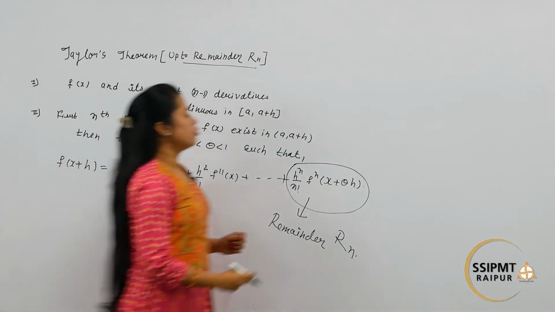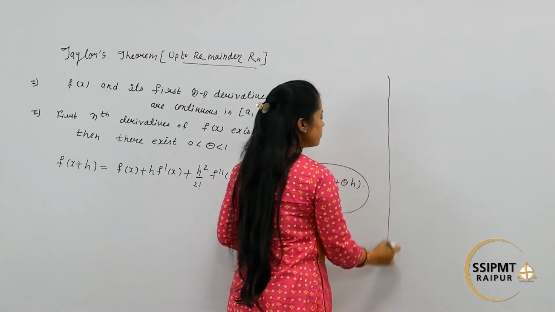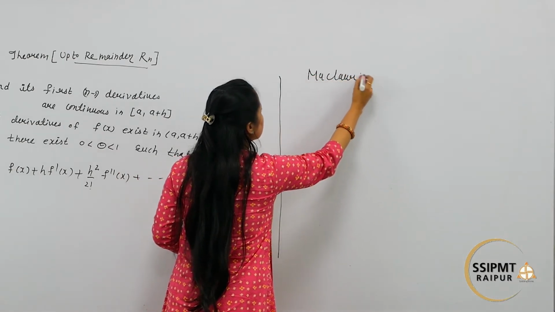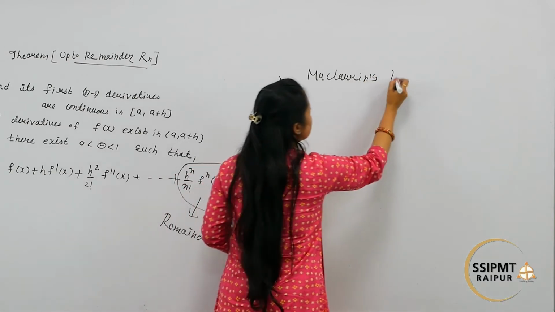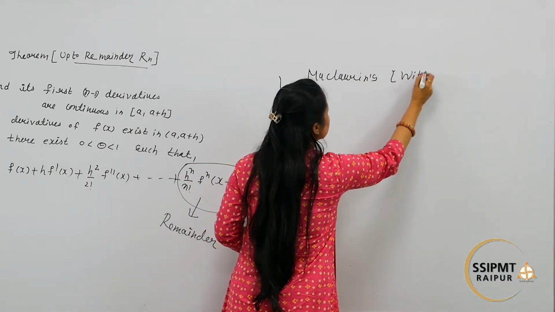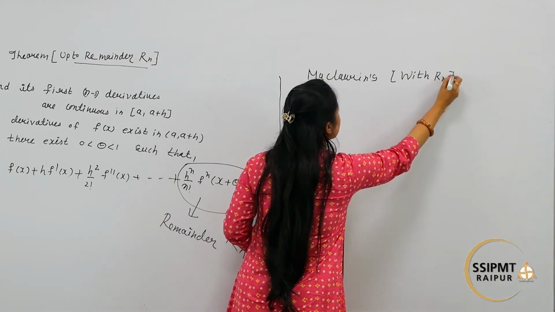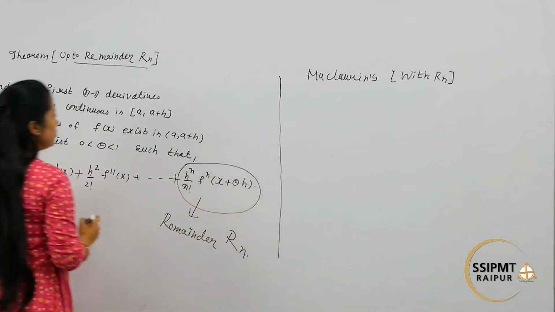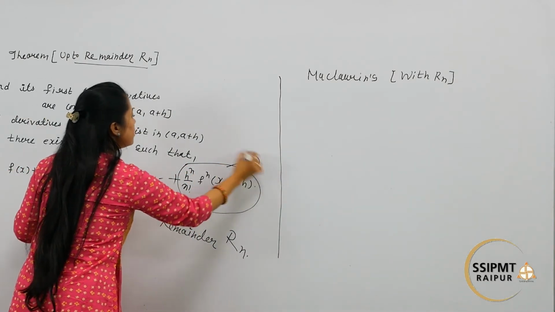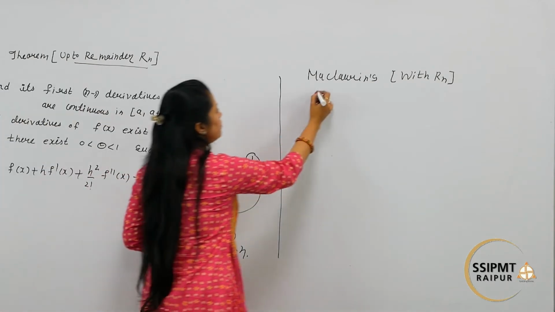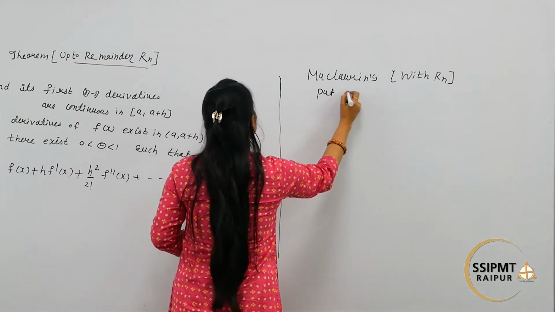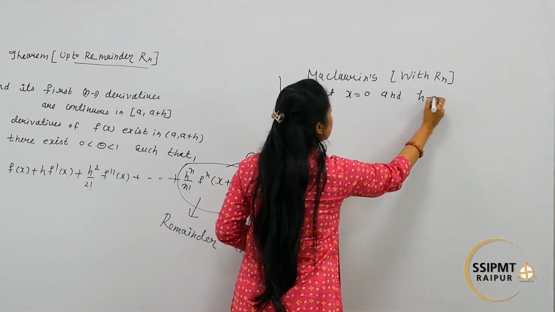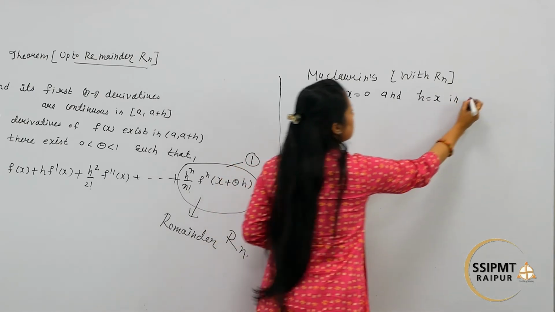And next, to get Maclaurin's theorem with remainder Rn, it is a particular case of Taylor's theorem. So if we take it as equation 1, we put x equal to 0 and h equal to x in Taylor's theorem.